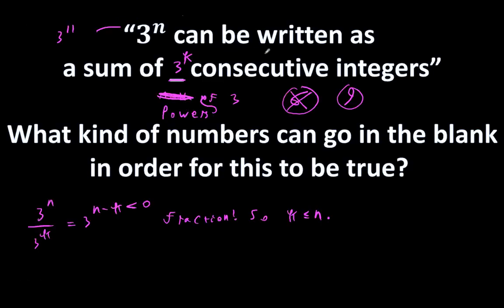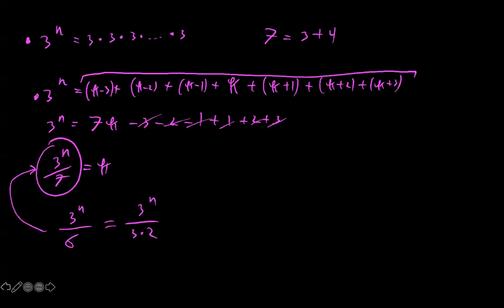Go back here. 3 to the n is a sum of 3 to the k consecutive integers. Here we go.